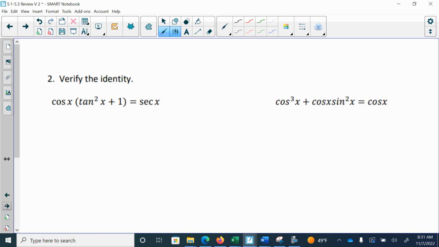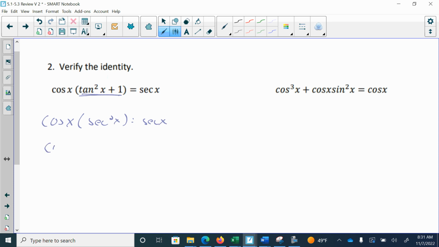The next one, I have cosine times the quantity of tangent squared x plus 1 is equal to secant. And hopefully you recognize this identity as secant. So I'm going to have cosine of x times secant squared x is equal to secant x. Now everything is a monomial, meaning it's not going to add to anything else, so I'm going to change everything into terms of cosine and sine.